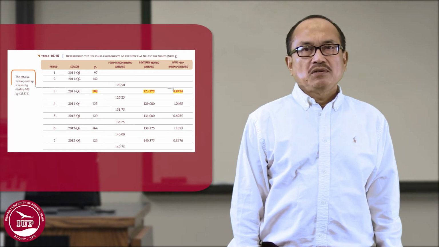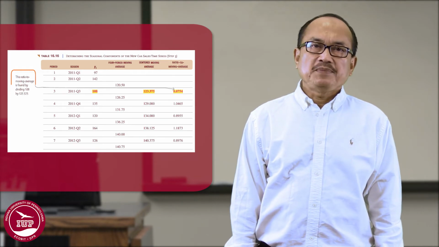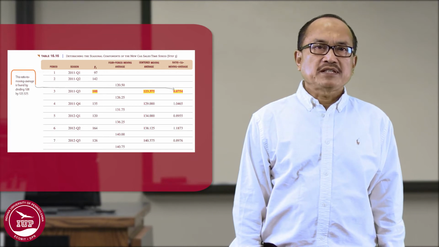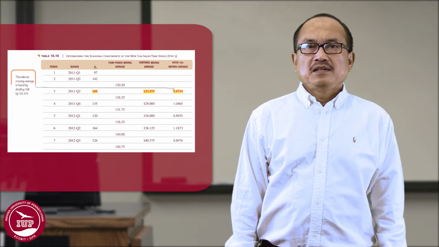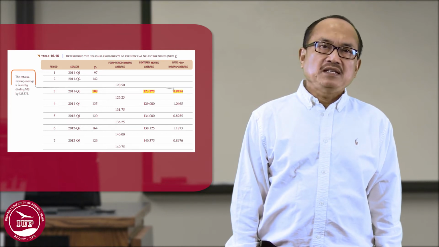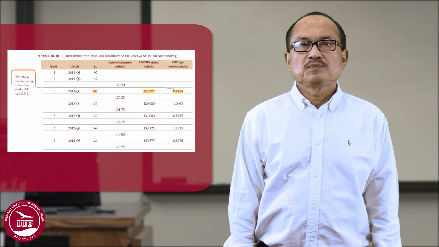We also know that these values represent the seasonal and random components of the time series, as follows: RMA_t equals S_t times R_t.